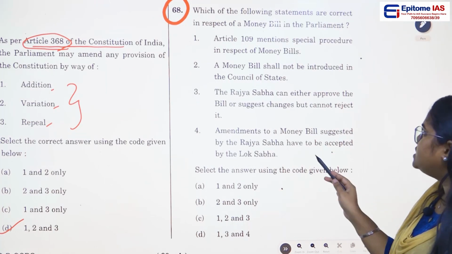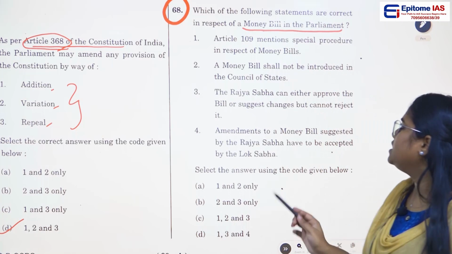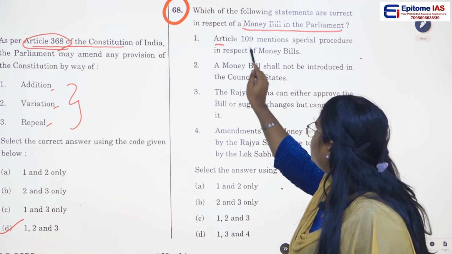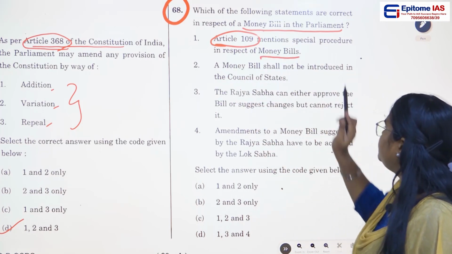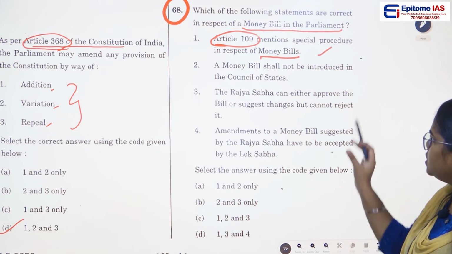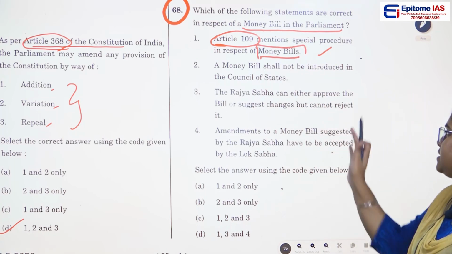And the next question is, which of the following statements are correct in respect of money bill in the Parliament? Statement 1 says that Article 109 mentions a special procedure in respect of money bill. Yes, this is true. Article 109 talks about the special procedure related to the money bill. So this statement is correct.